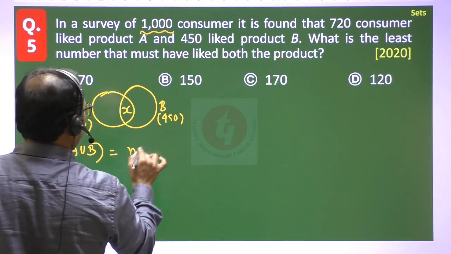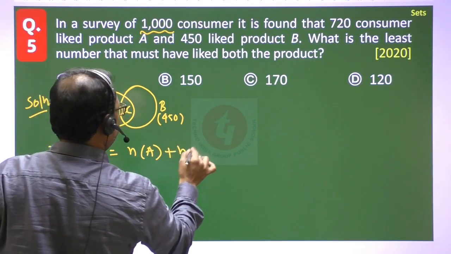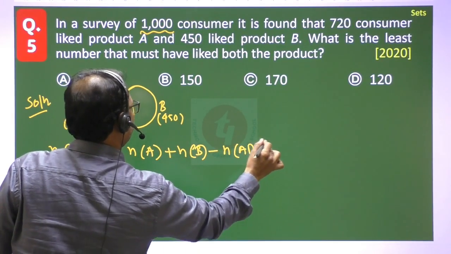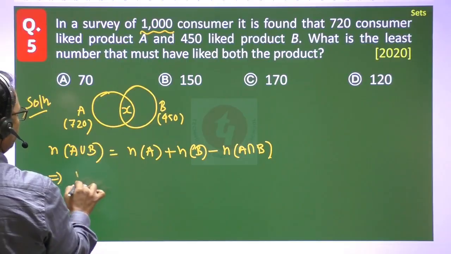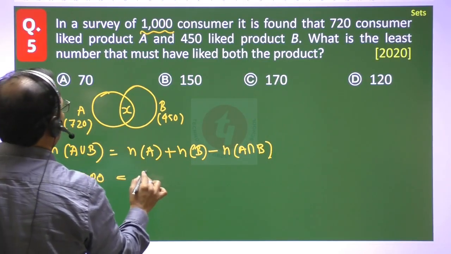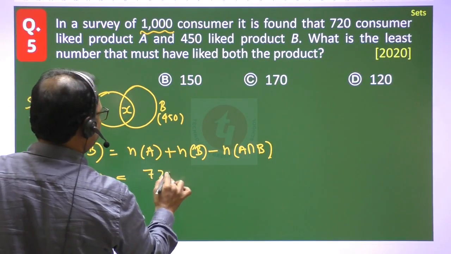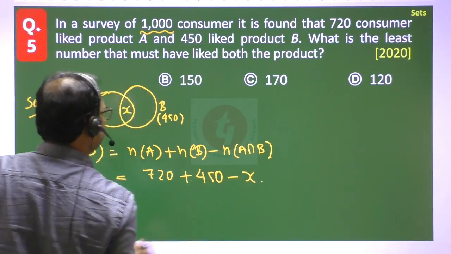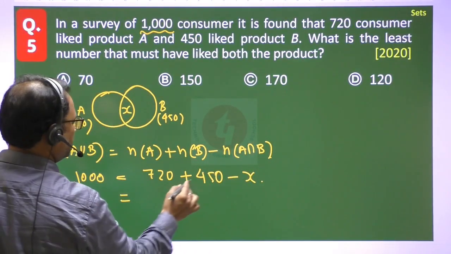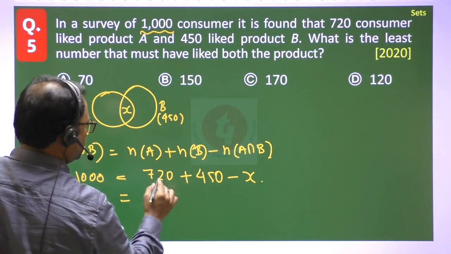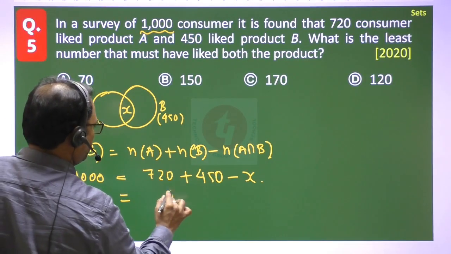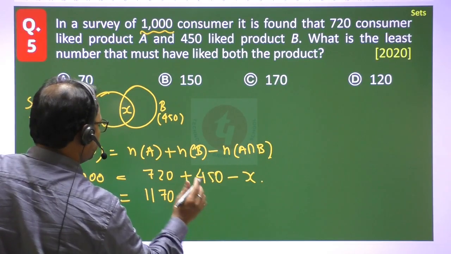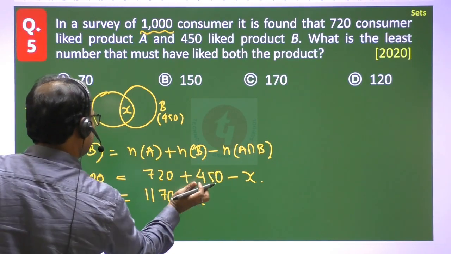So n of A plus n of B minus n of A intersection B. So what we have total here is 1000, number of elements in A 720 plus 450, and in the intersection I consider X. So this will be 1170 minus X, this is the minus sign.